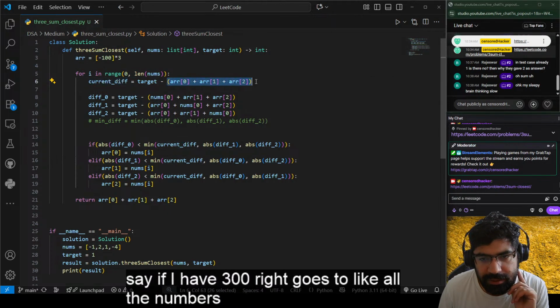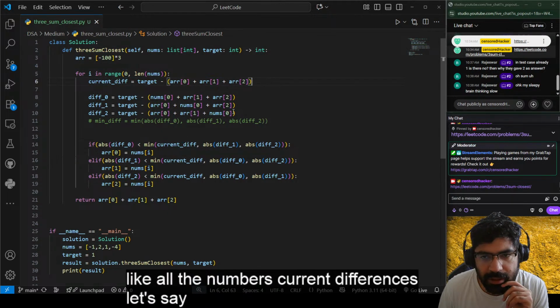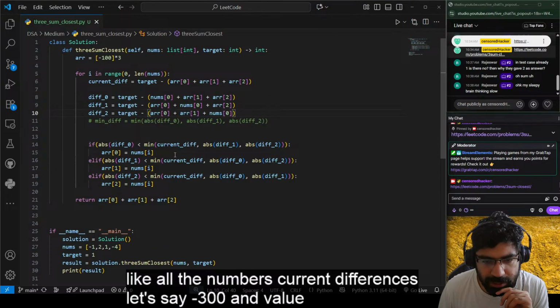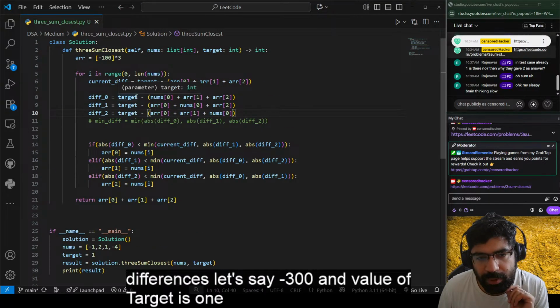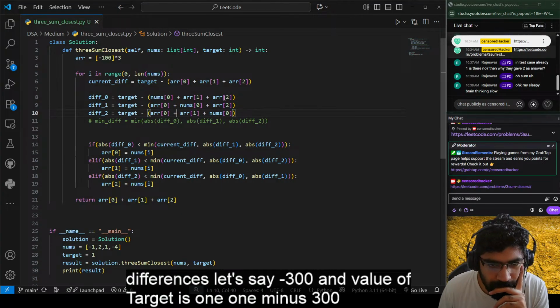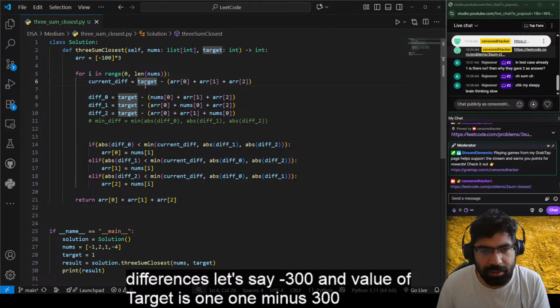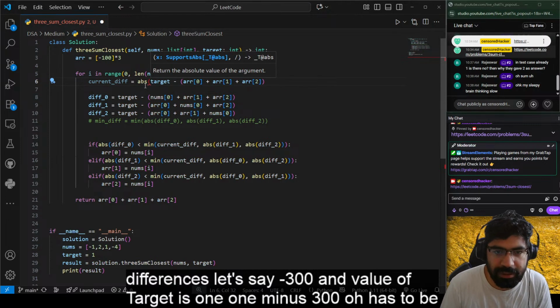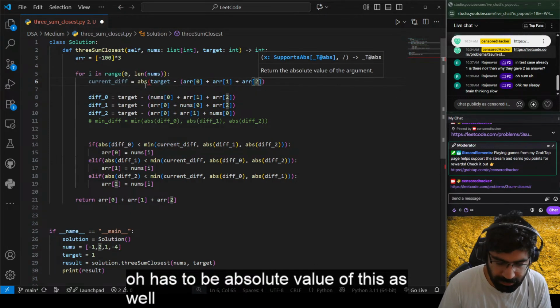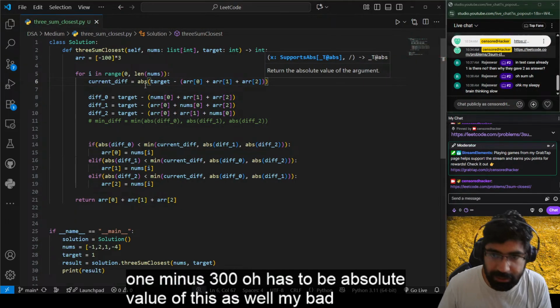Current difference is, let's say, negative 300, and value of target is 1. 1 minus 300. Oh, it has to be the absolute value of this as well. My bad. Okay, this will solve the problem.